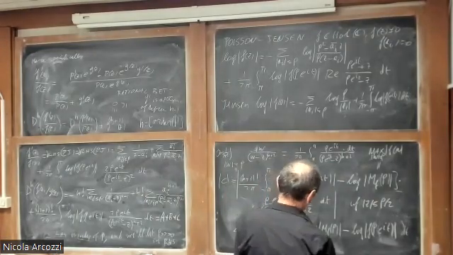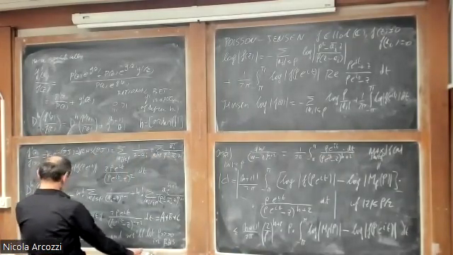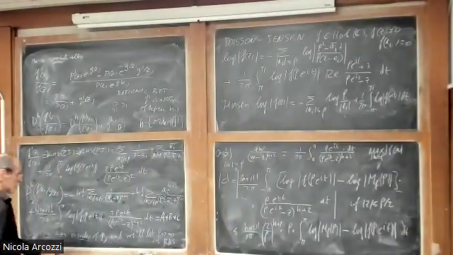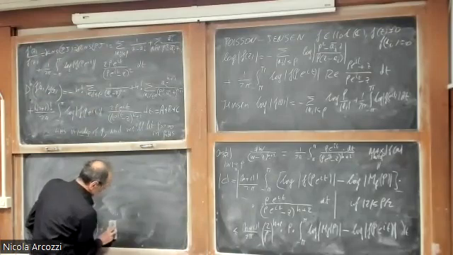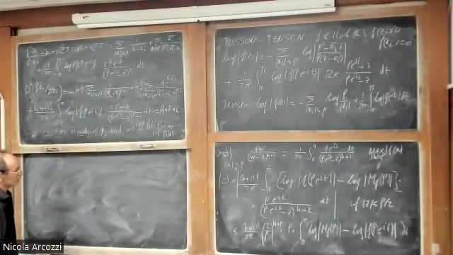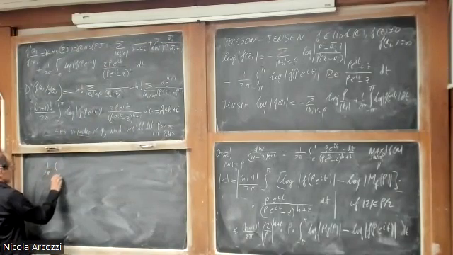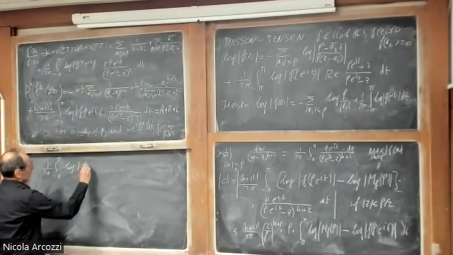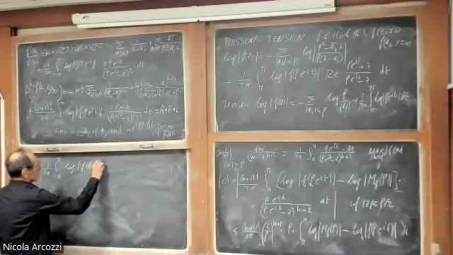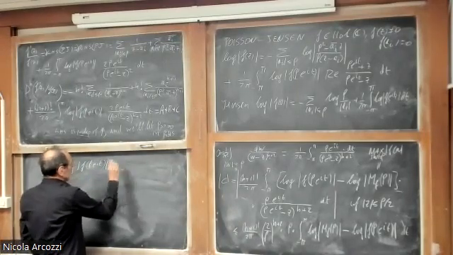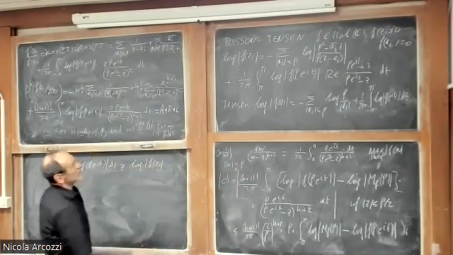Now we use the fact that the logarithm of the modulus is not really harmonic in this disc, but we still have that the integral of the logarithm of the modulus of f at rho e^{it} dt is greater or equal than the log of f of 0, for instance by Jensen's formula.